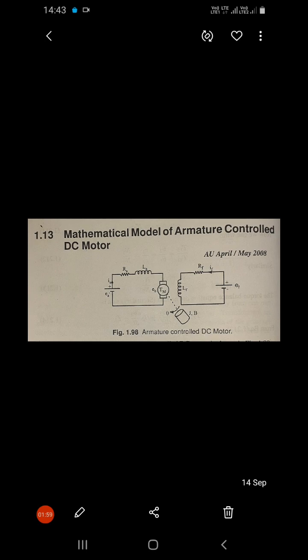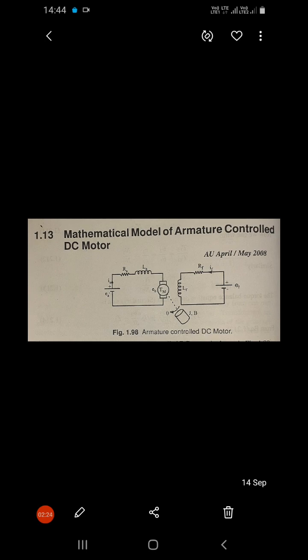So see, this is the schematic diagram of an armature controlled DC motor. The variables capital R suffix A and capital L suffix A represent the resistance and inductance of the armature respectively.